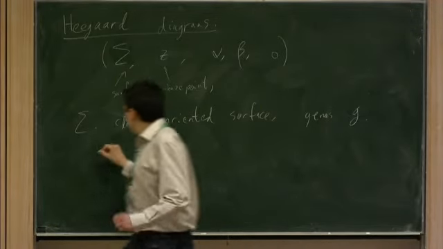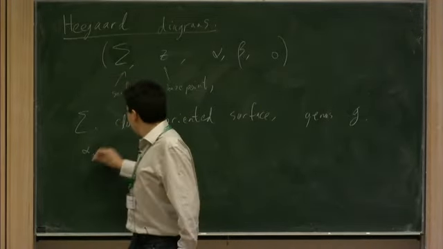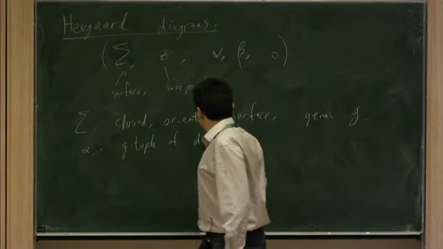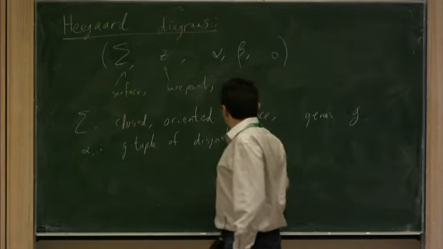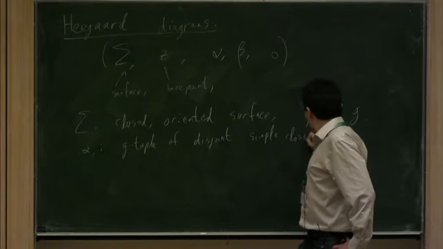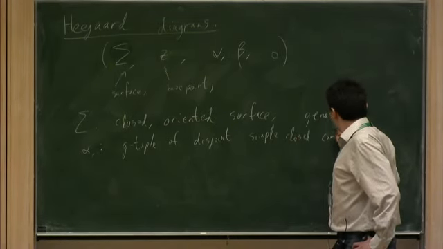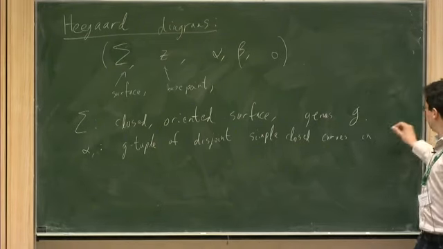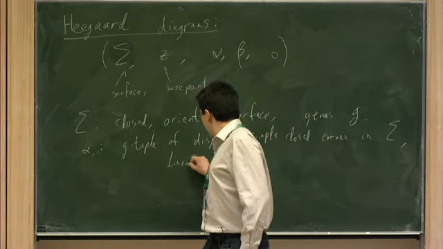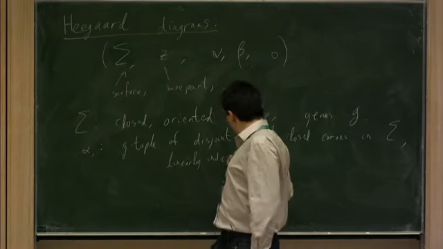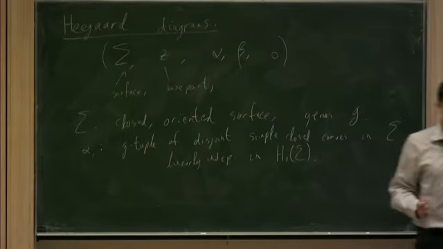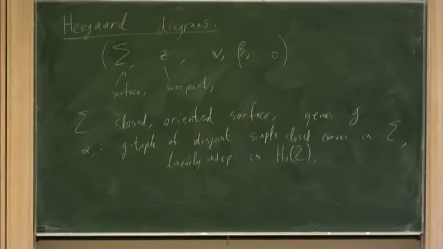Alpha and beta: alpha is going to be a G-tuple of disjoint simple closed curves in sigma, and these are going to be linearly independent in H1 of sigma. So I have a surface of genus G, and I have G curves on there.